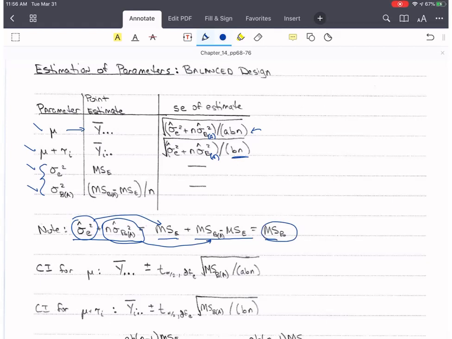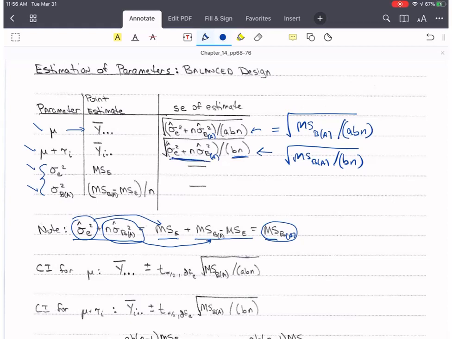So I could write this as the square root of MSB nested within A divided by A times B times n. And this one would be MSB nested within A divided by B n. Our textbook writes it that way, but I think that's hiding something that is important. I think it is important to spell this out, but obviously that's just my opinion.